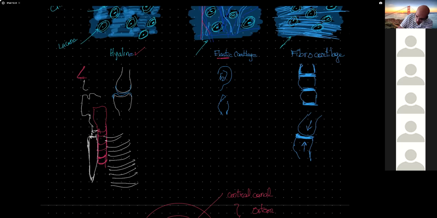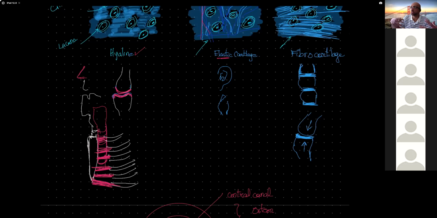So attaching my ribs to the sternum, those are my costal cartilages, and my costal cartilages are formed by hyaline cartilage as well. So those are sites where I have hyaline cartilage, also covering the articular surfaces of my bone in any joint.